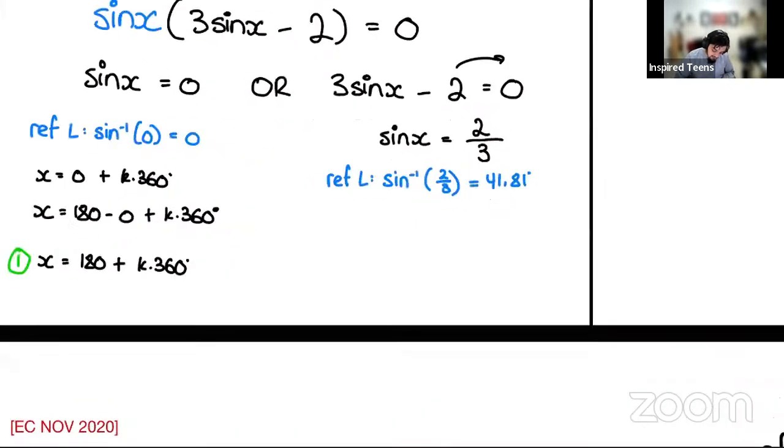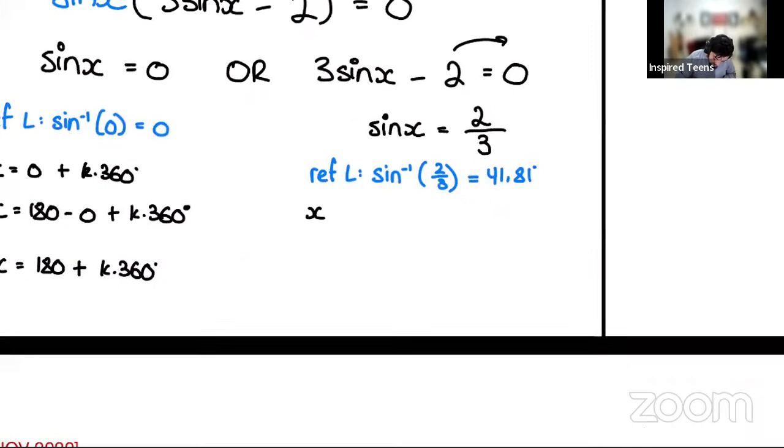Now that I have my ref angle, I can say x is equal to ref angle 41,81 plus k times 360, or x is equal to 180 minus 41,81 plus k times 360.